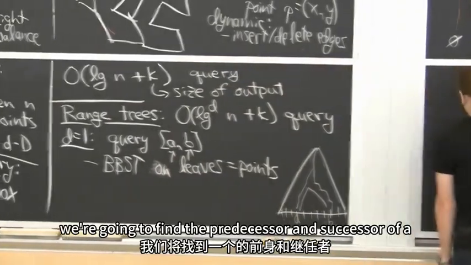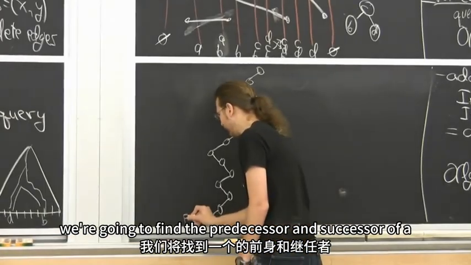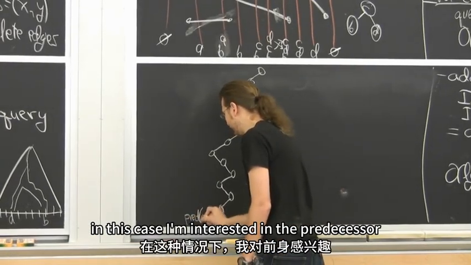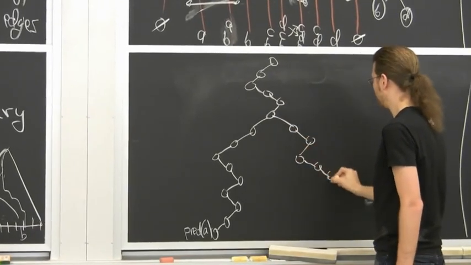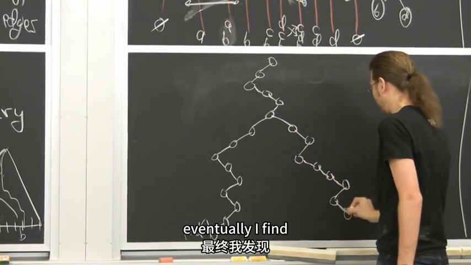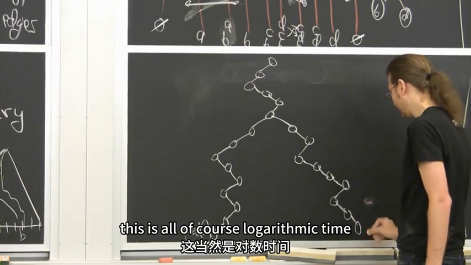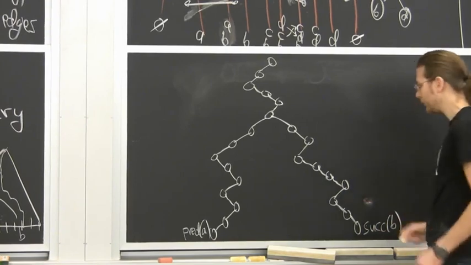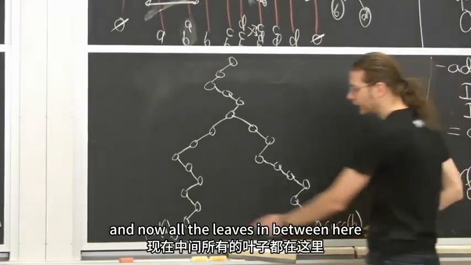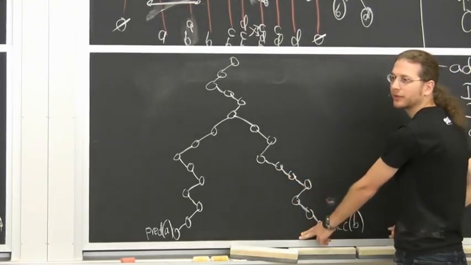So in general, we're going to find the predecessor and successor of A. In this case, I'm interested in the predecessor. And similarly over here, eventually I find, this is all, of course, logarithmic time, I find the successor of B. Those are the 2 things I'm interested in. And now all the leaves in between here, that's the result.